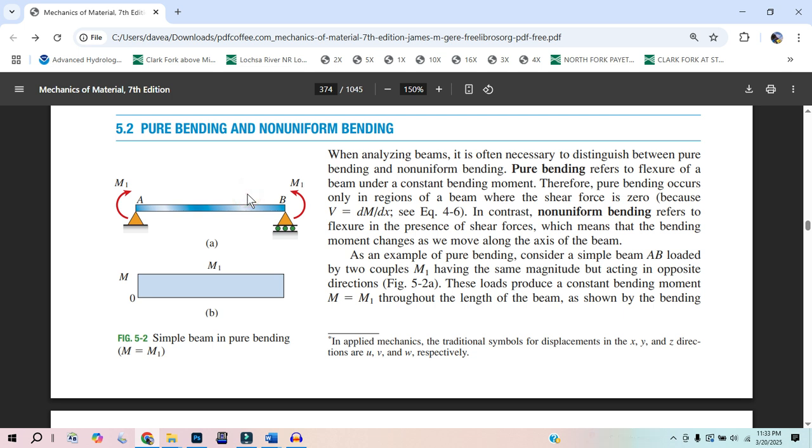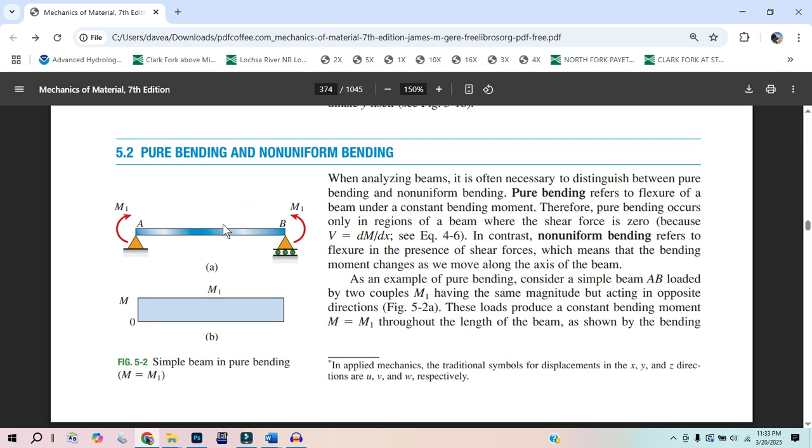Cool. So you can set up this scenario even with a flexible ruler. To get pure bending as close as possible, like over here, I would apply a downward force probably right here with my finger, and then an upward force supporting right here.